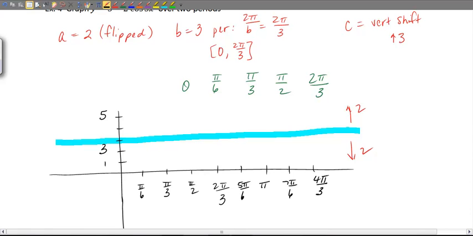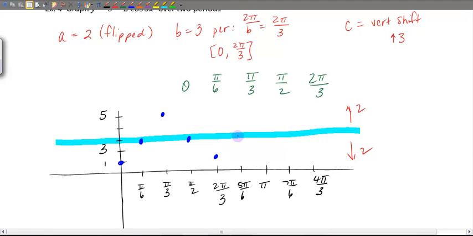We know that this is a cosine function and that it's flipped. Cosine always starts at the axis, not at high, but because it's flipped, we're going to start low. So we start down here at 1. We cross the imaginary axis. We peak, we cross, we end down low.